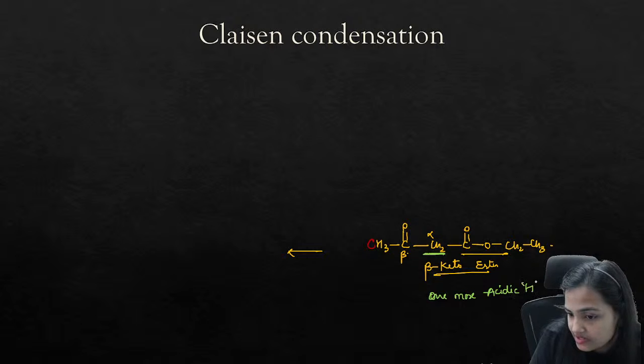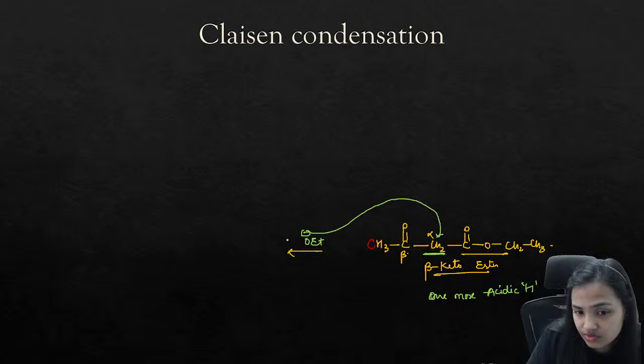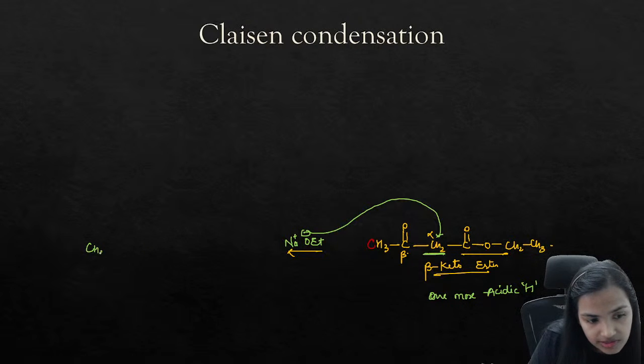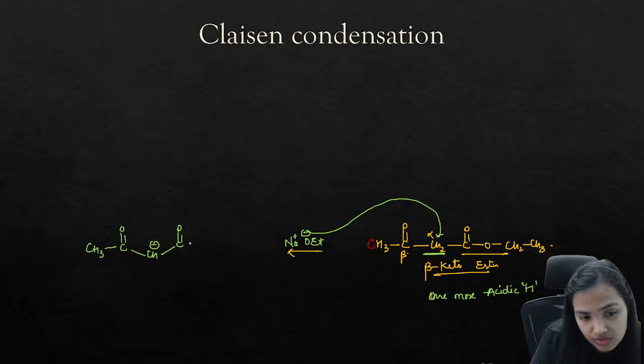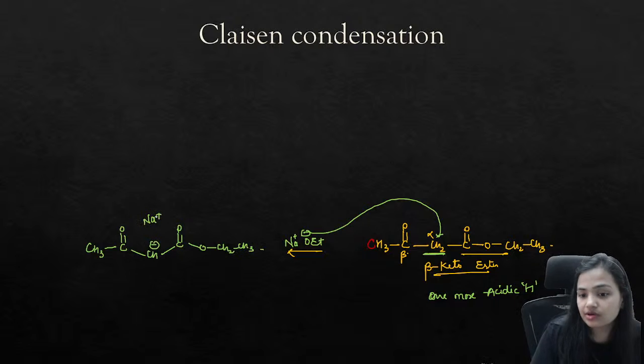Because of the presence of one more acidic hydrogen, in the presence of a base OEt negative, this will abstract one more hydrogen, resulting in the formation of CH3 C double bond O, CH negative, C double bond O, O, CH2 CH3, and Na positive. Got it?